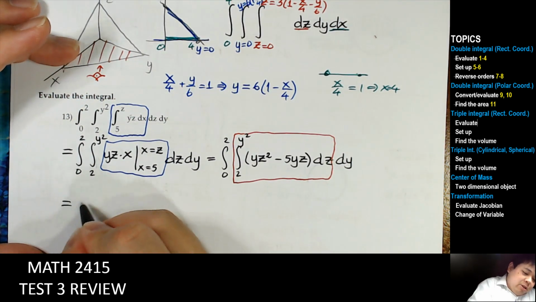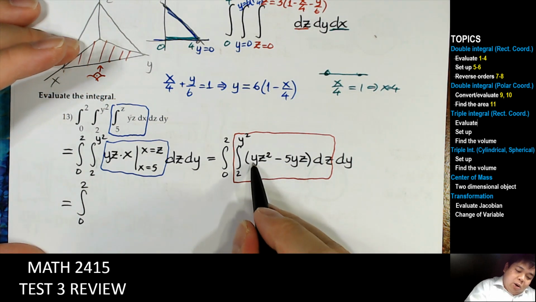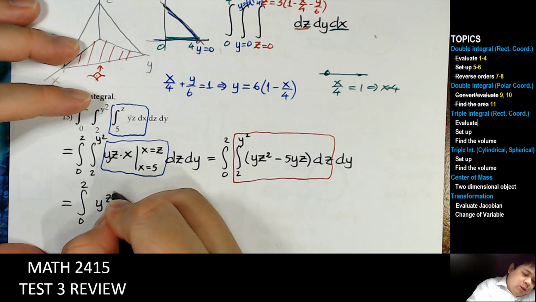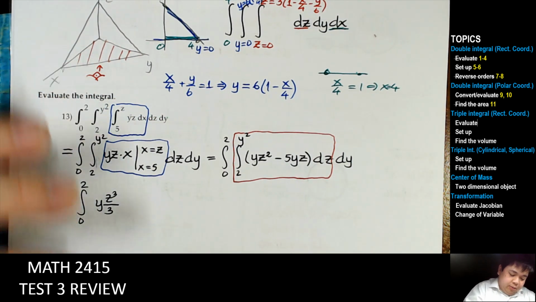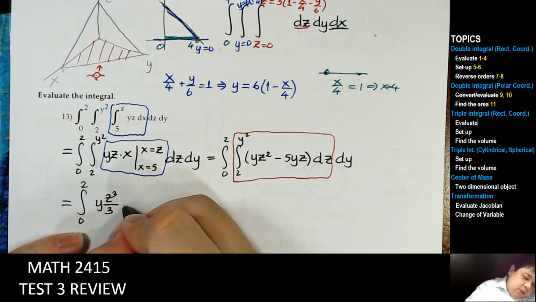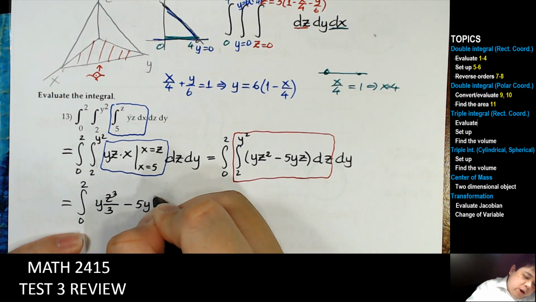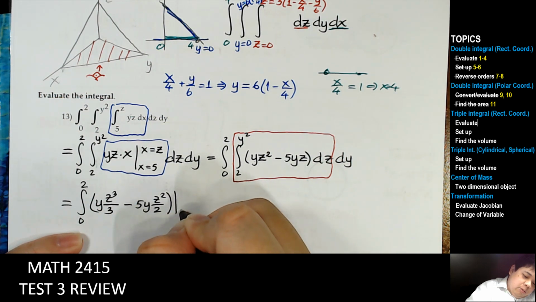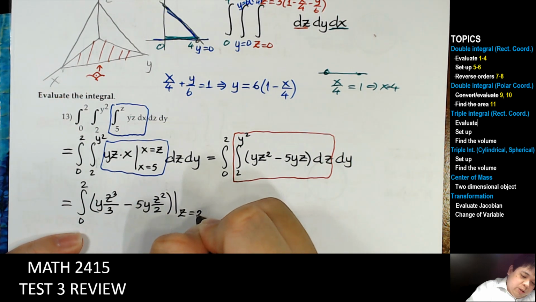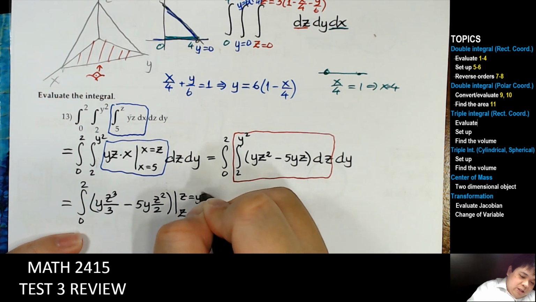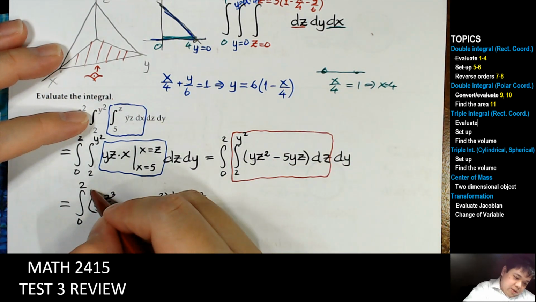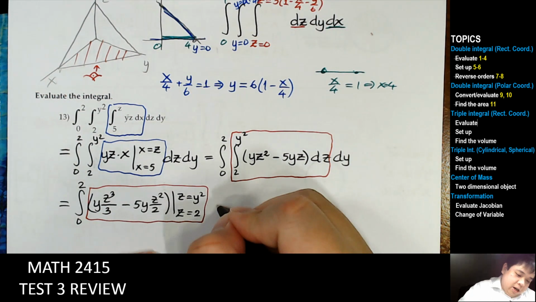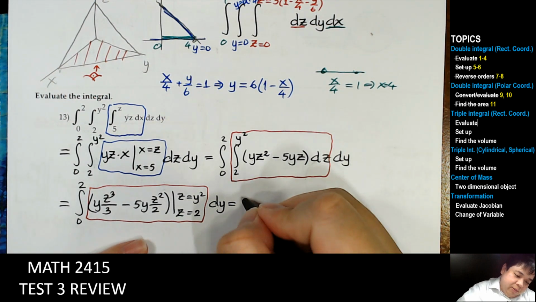So just inside out, 0 and 2 still the same. Yz with respect to z will be y z cubed over 3 minus 5y z squared over 2 from z equal to 2 to z equal to y squared. So that integral is this, dy.